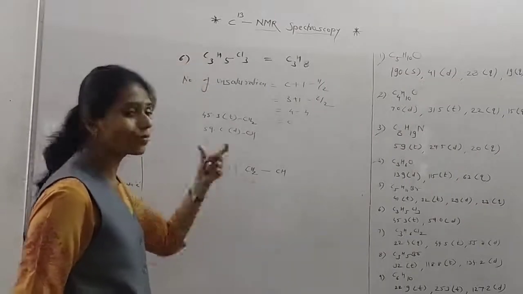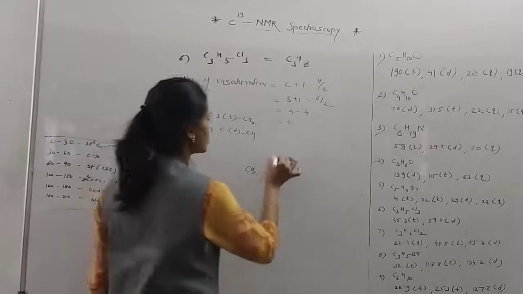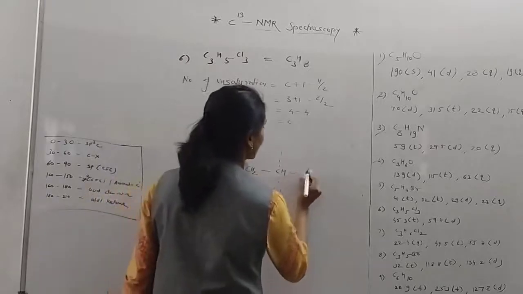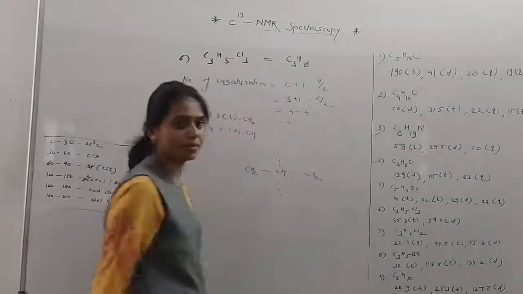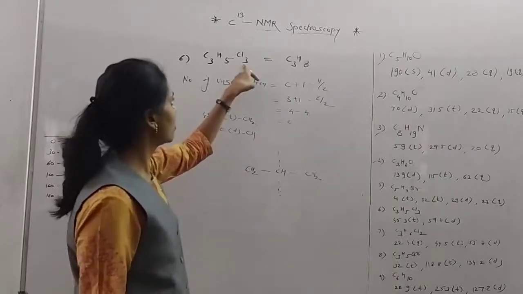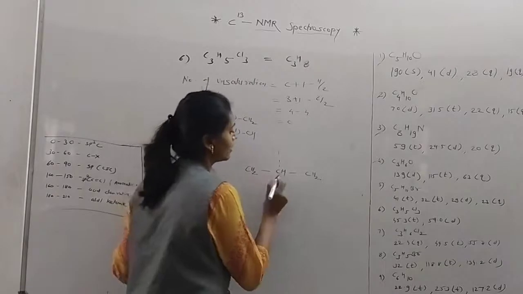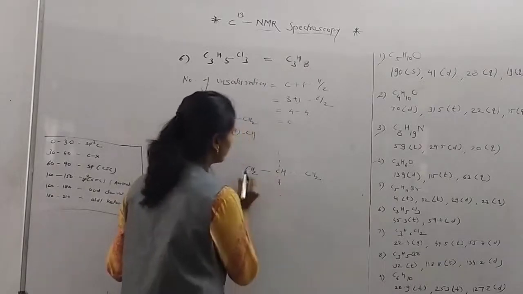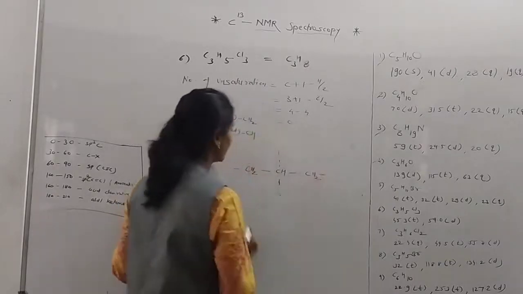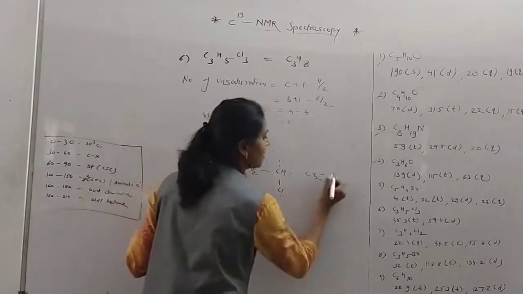That means one carbon is symmetrical. Since we draw symmetry here, I have written another CH2 group here. And there are 3 chlorine atoms. As you check the balance of carbon, here one bond, here one bond, and here one bond. This is for Cl.